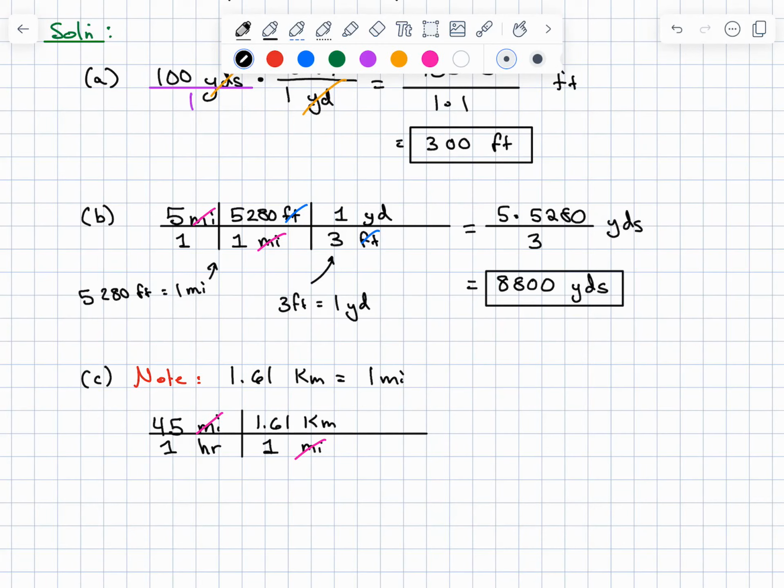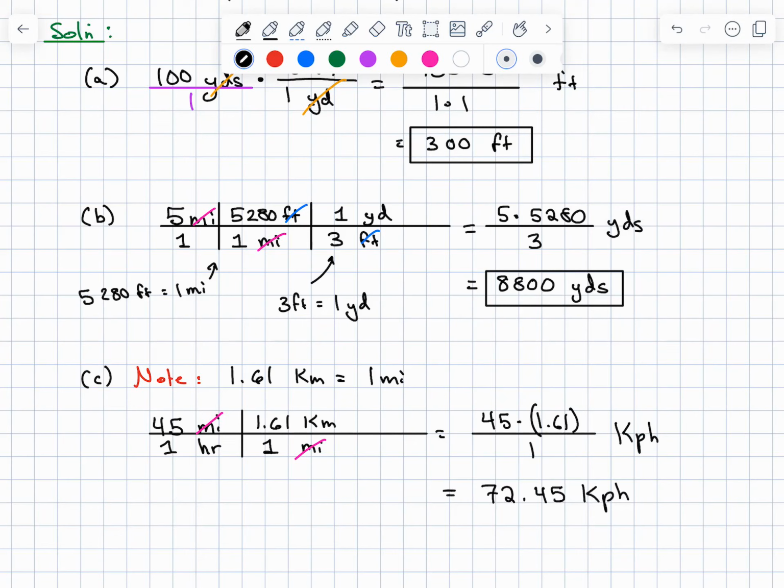And so this will be 45 times 1.61 divided by just 1, but you can leave it like kph. And that should be, where's my calculator? 72.45, yes. 72.45 kph.